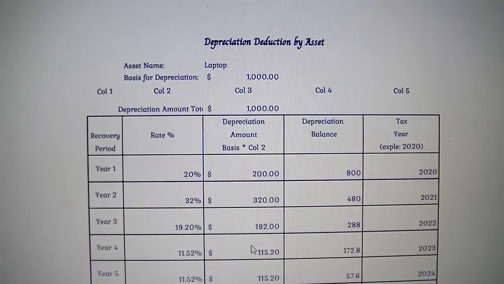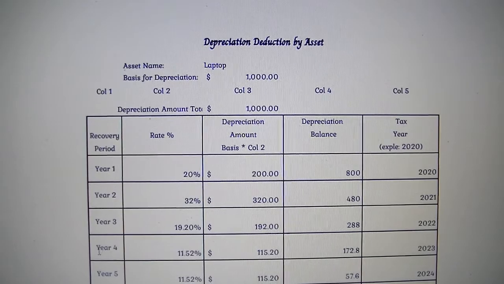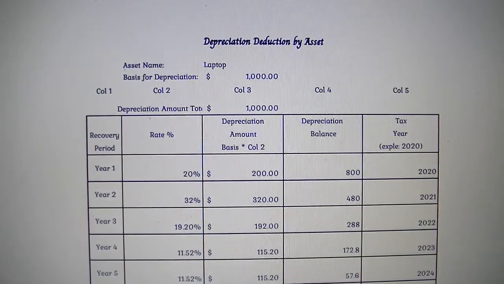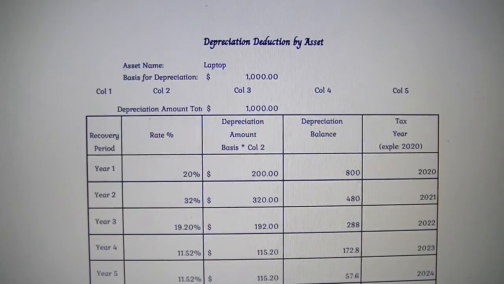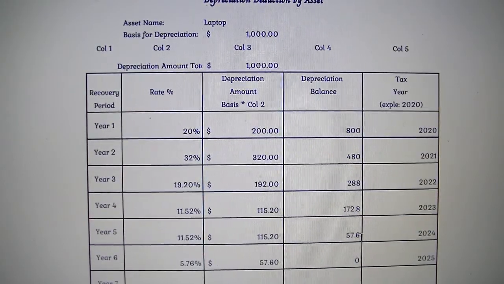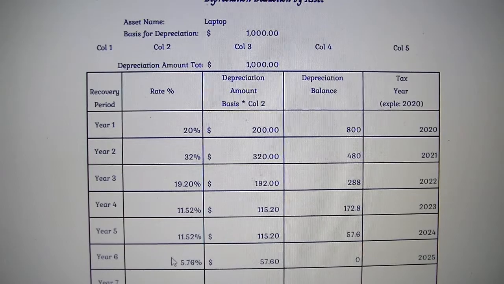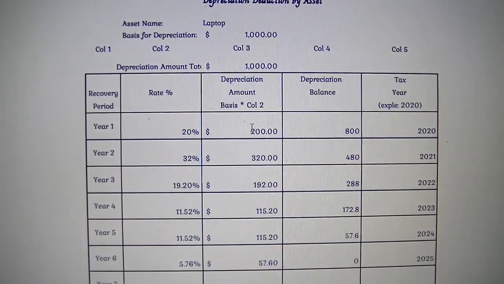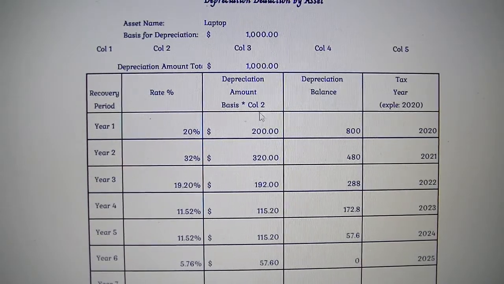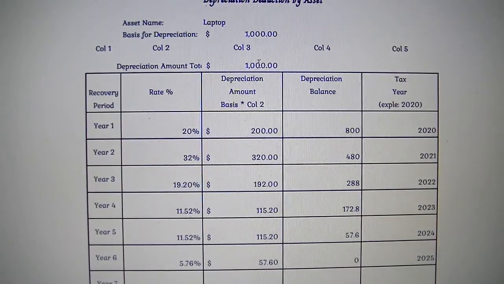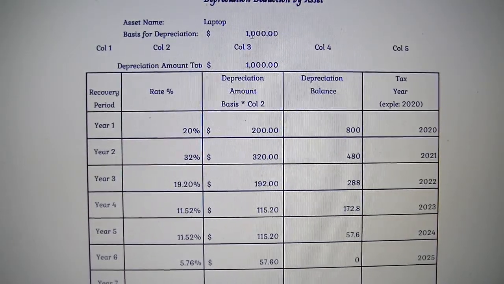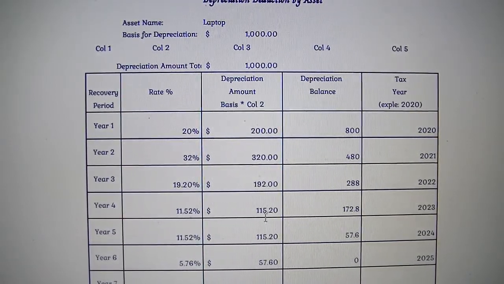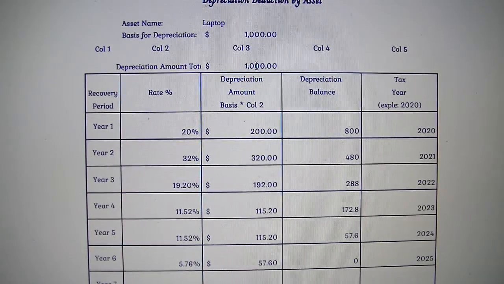So 1,000 times 11.52 for year 4, 1,000 times 11.52 for year 5, and 1,000 times 5.76 for year 6. So the total of column 3 depreciation amount should total to 1,000, the basis for depreciation. So that means we will recover the cost of the laptop within 6 years.